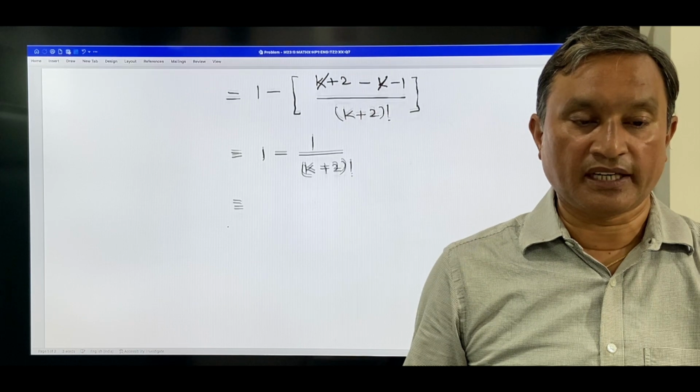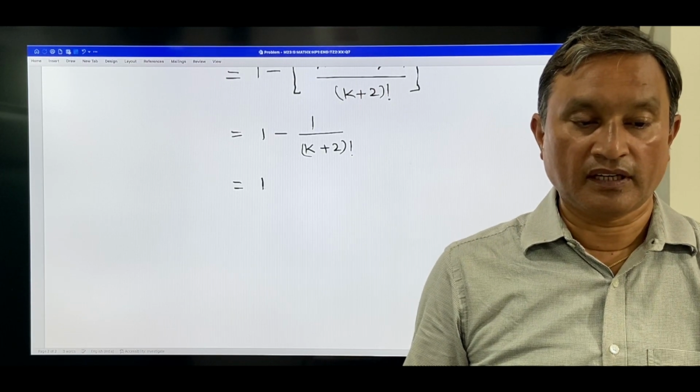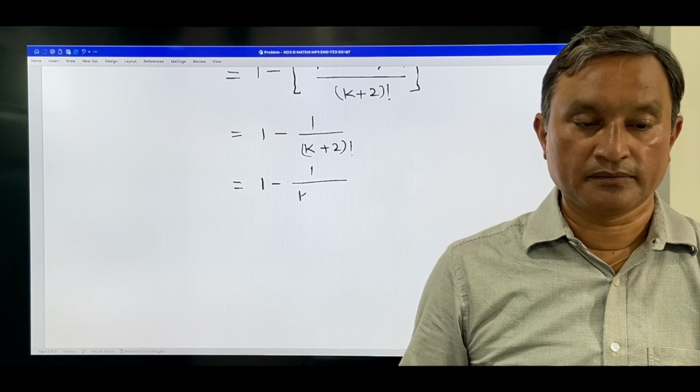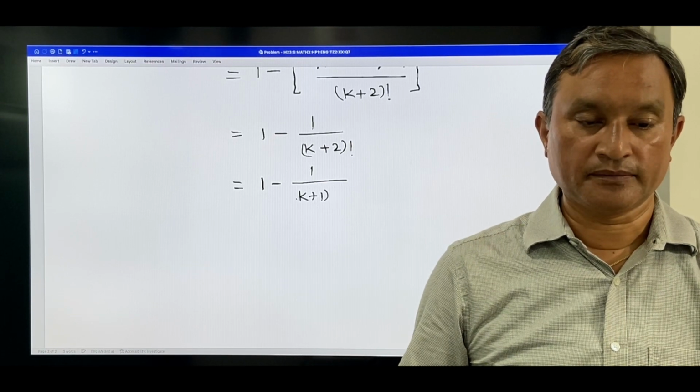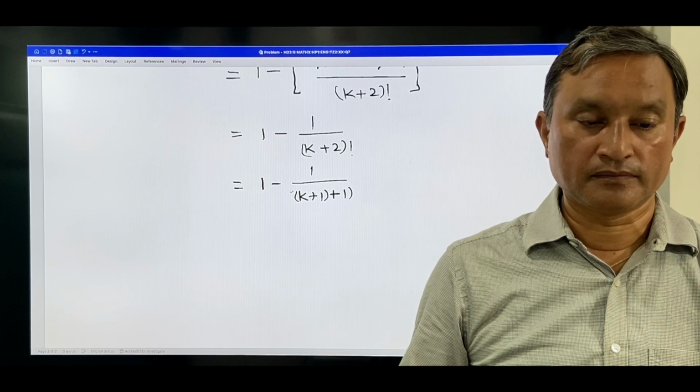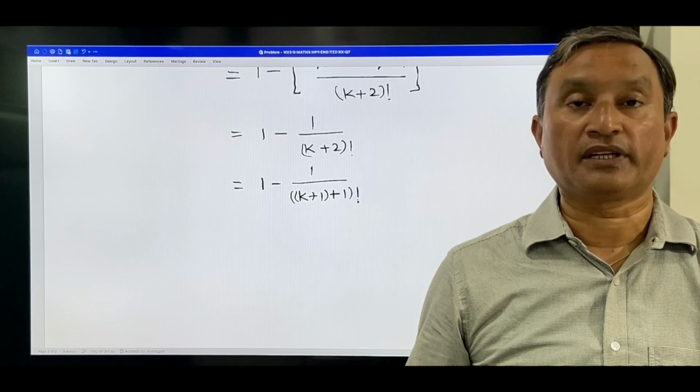This can be rewritten as 1 minus 1 upon (k plus 1 plus 1) factorial.